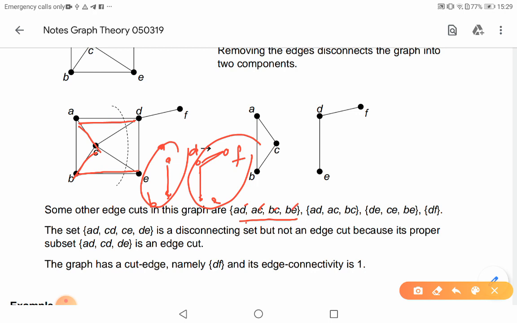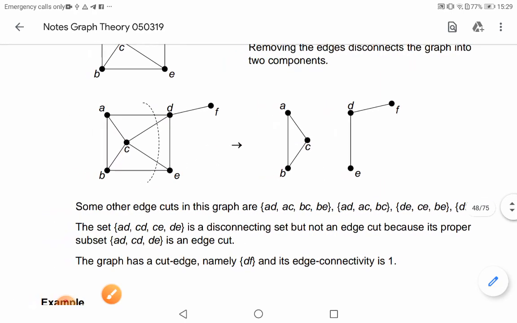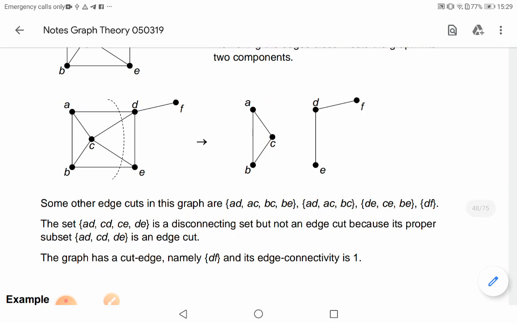Look at what happens if you cut these edges: AD, AC, and BC. What graph will you get?